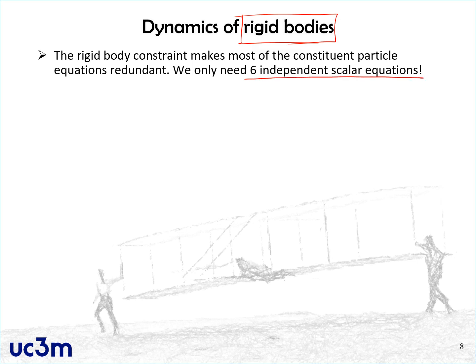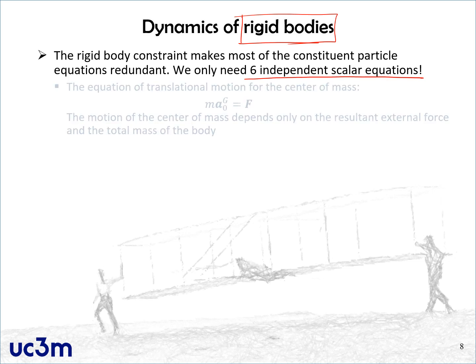All right, so we can choose from the equations of all the point particles that constitute the body and get 6 scalar equations, or we can use the global equations that we have found for a general system of particles.